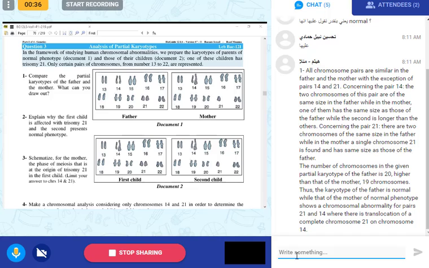Thus, the karyotype of the father is normal, while that of the mother of normal phenotype shows a chromosomal abnormality for pairs 21 and 14, where there is a translocation, the movement of a complete chromosome 21 on a chromosome 14. So a complete chromosome 21 is moved over chromosome 14. Clear the answer?